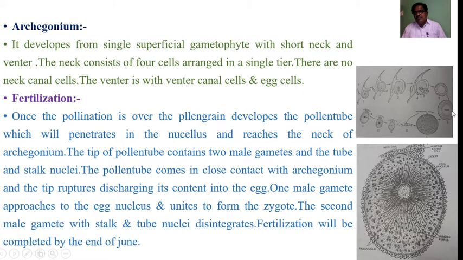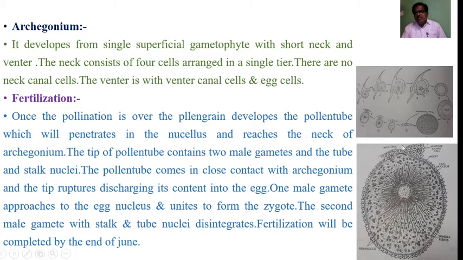Again further division takes place, and this cavity is formed, and these nuclei migrate towards the periphery. In this way, the entire ovule gets covered by a number of nuclei. Then the cell present at the periphery is known as the archegonial initial cell.